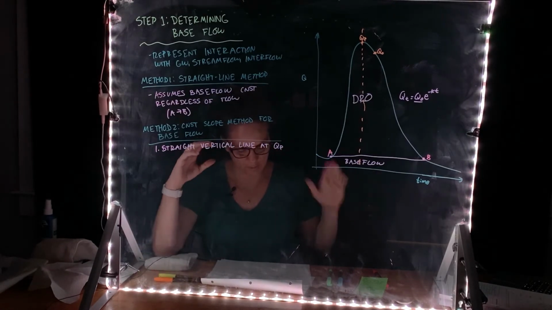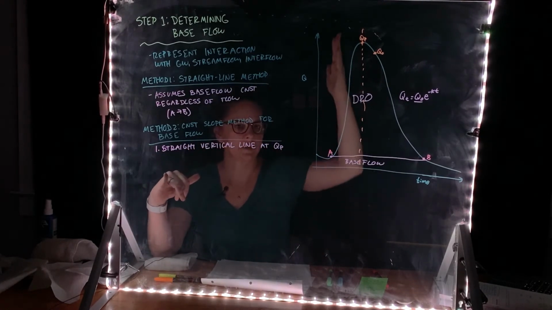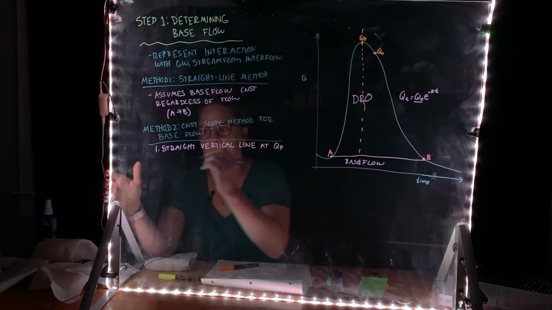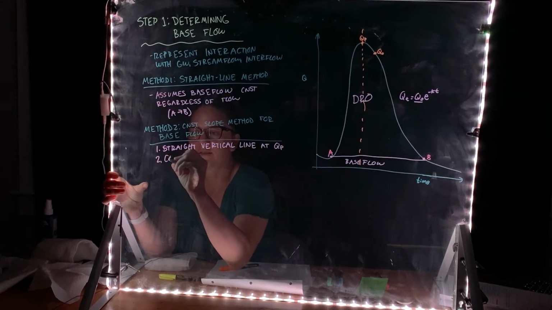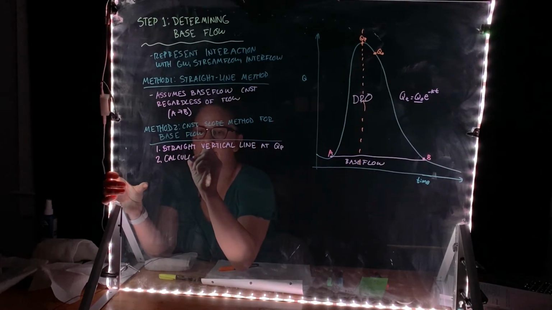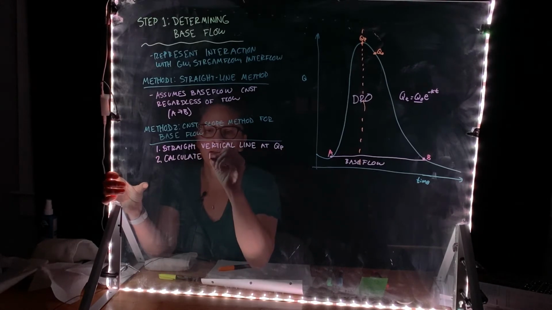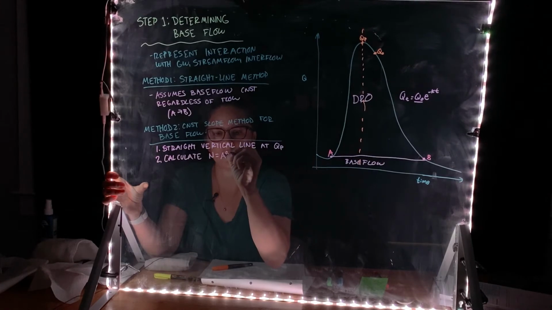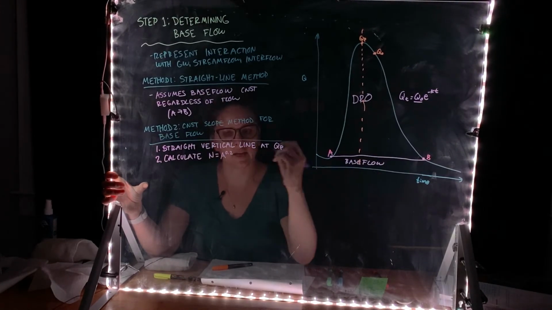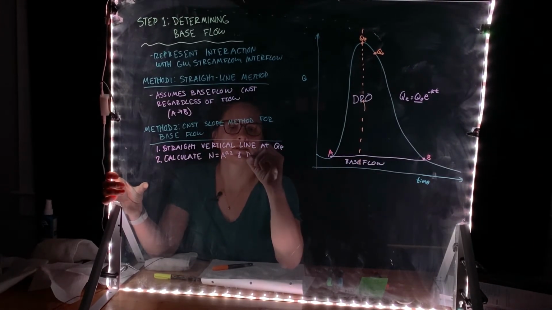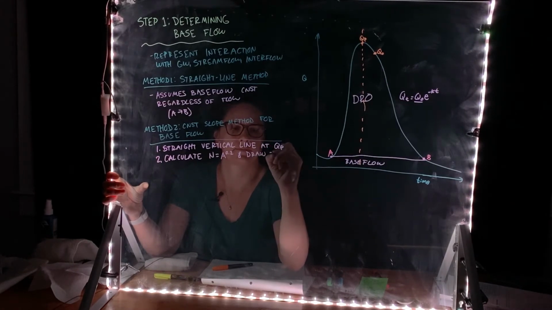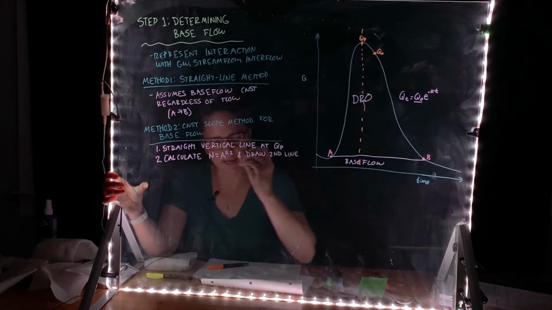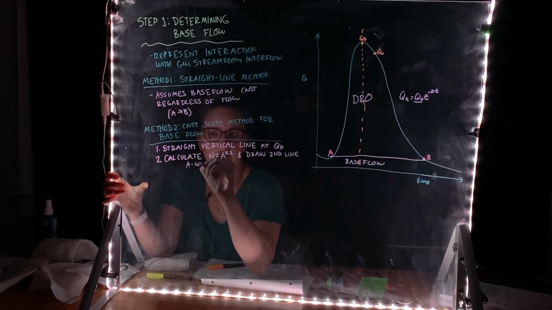Okay, so we did draw a straight line at QP all the way down, and then we calculate N equals A to the 0.2 and draw a second vertical line. In this particular case, A is our watershed area.